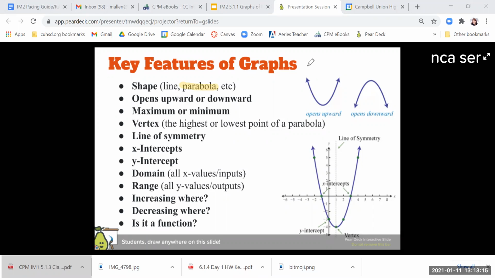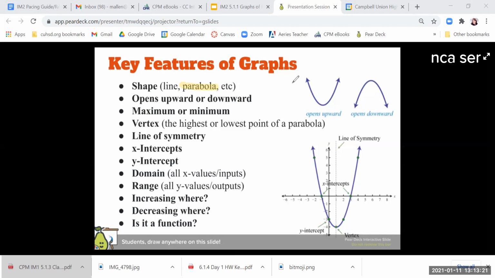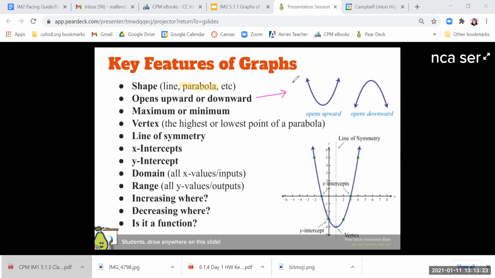And each parabola that we will deal with will either open up or down. So you can see over here, we have an upward opening parabola where the arrows are pointing up, and a downward opening parabola where the arrows are pointing down. And the arrows imply that it's going to continue going forever.